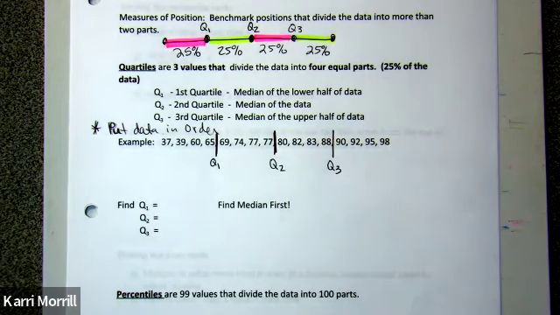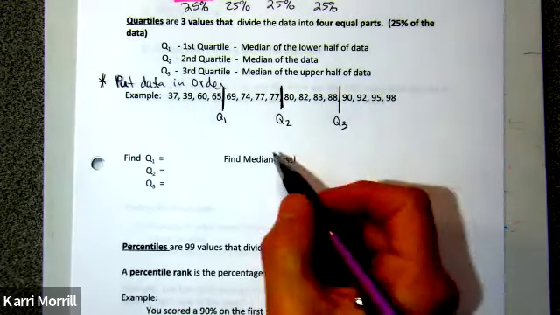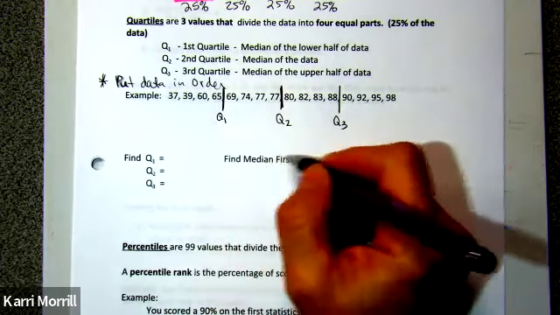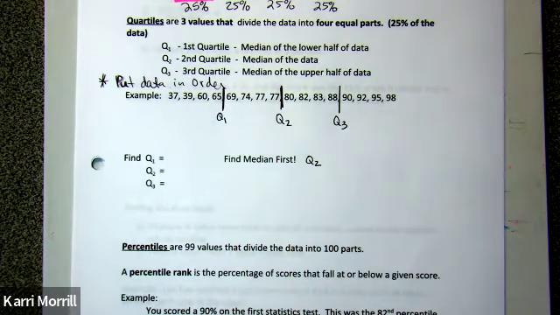Right here it says to find the median first. They do it a little bit differently in the way these notes were written than I've done before. So if we find the median first, that's actually quartile 2 that we're working with. Since it's an even amount of numbers, there's not one single median number, right?